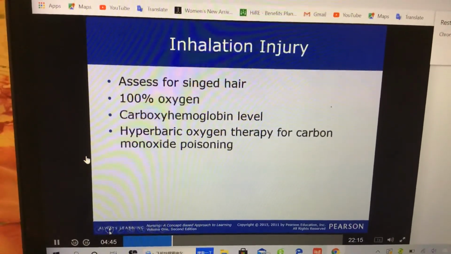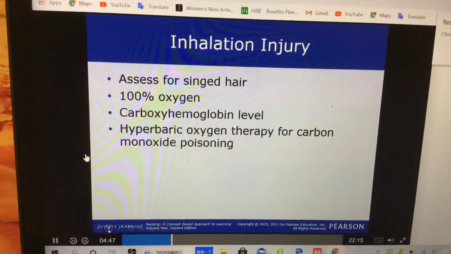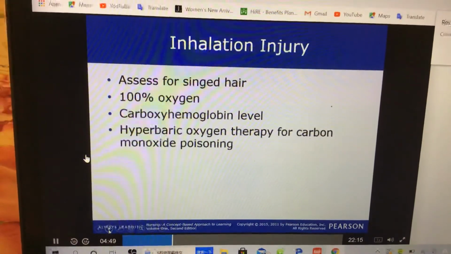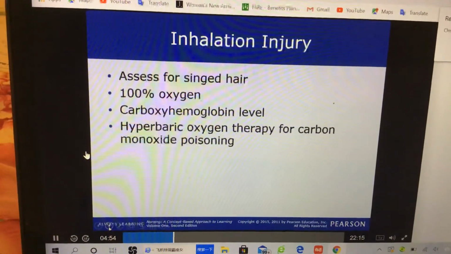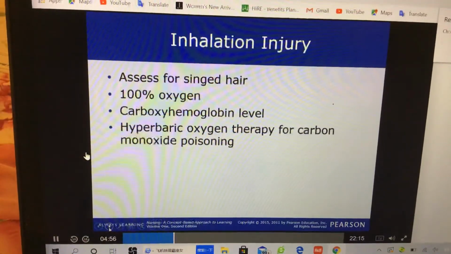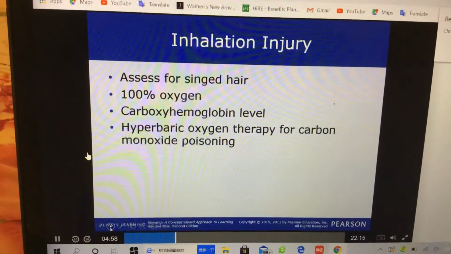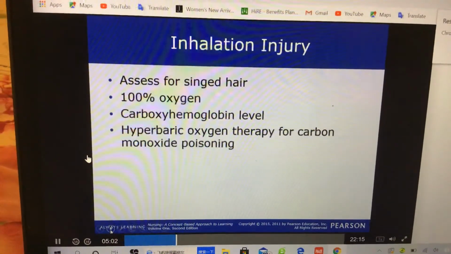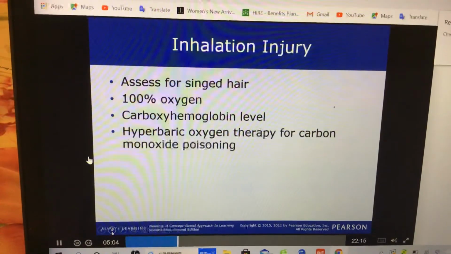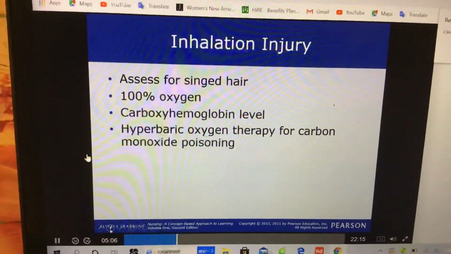It decreases ciliary action, increases mucus production, and causes edema as well as bronchospasms. Carbon monoxide, which is a compound found in smoke, displaces oxygen as it binds to hemoglobin, which is going to impair oxygen utilization.